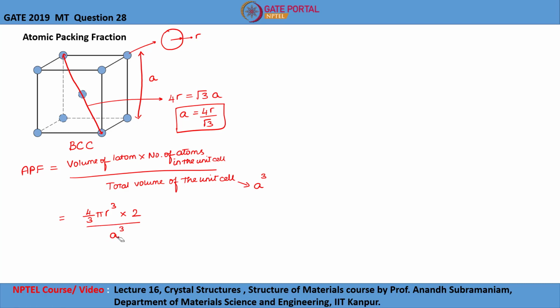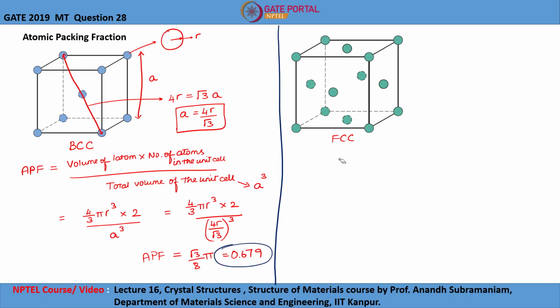So let us write the lattice parameter a in terms of r, which will be equal to 4 by 3 pi r cube multiplied by 2 divided by 4r by root 3 the whole cube. And on solving further, we will be getting the atomic packing fraction value as root 3 by 8 pi, which is equal to 0.68.